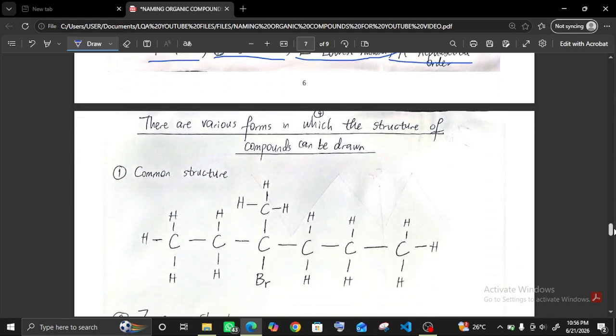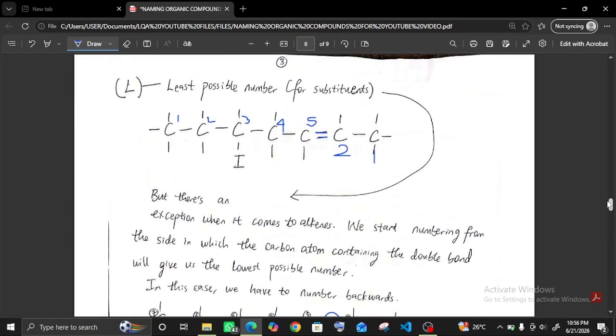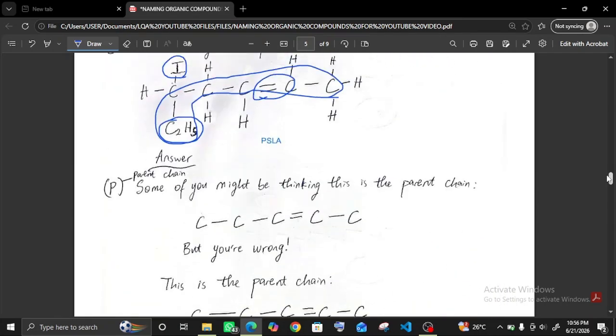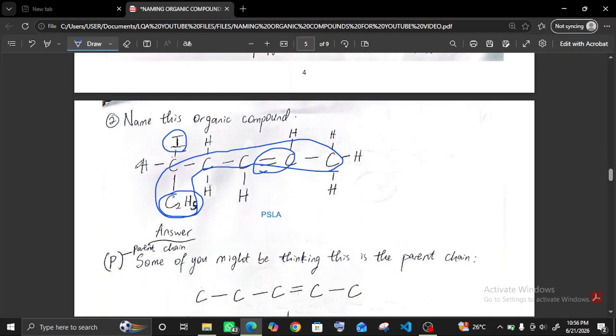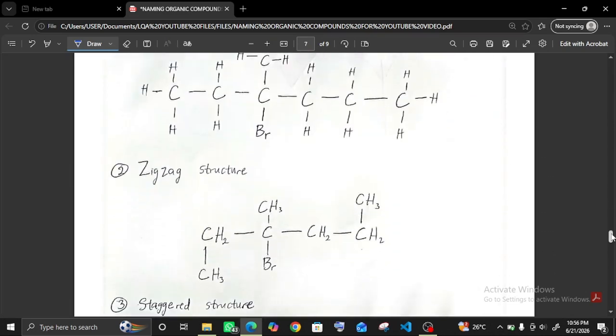Now I'm going to be explaining the various forms in which the structure of an organic compound can be drawn. You can have a common structure, which is what was drawn for our second question here. So it's a common structure. Then you can have an organic compound drawn in a zigzag structure, where the parent chain is actually bent.